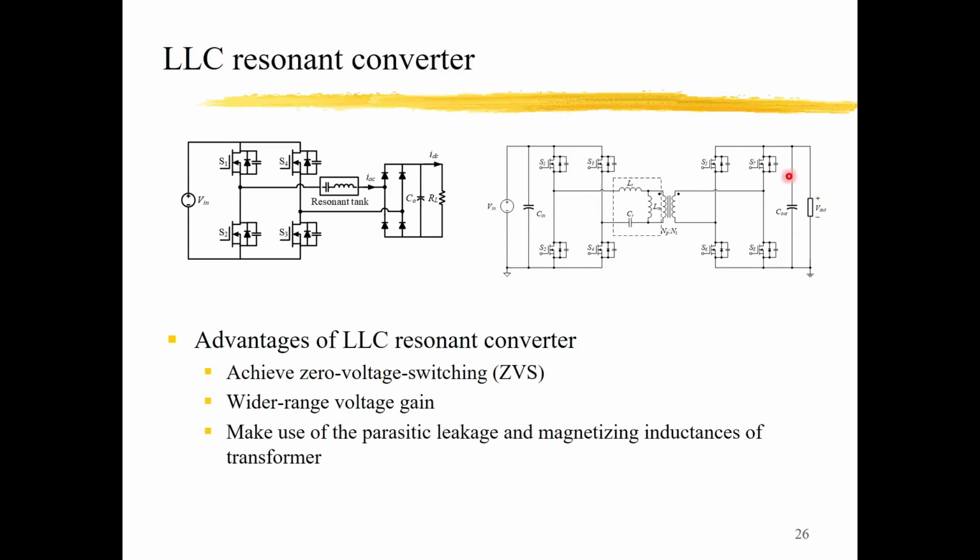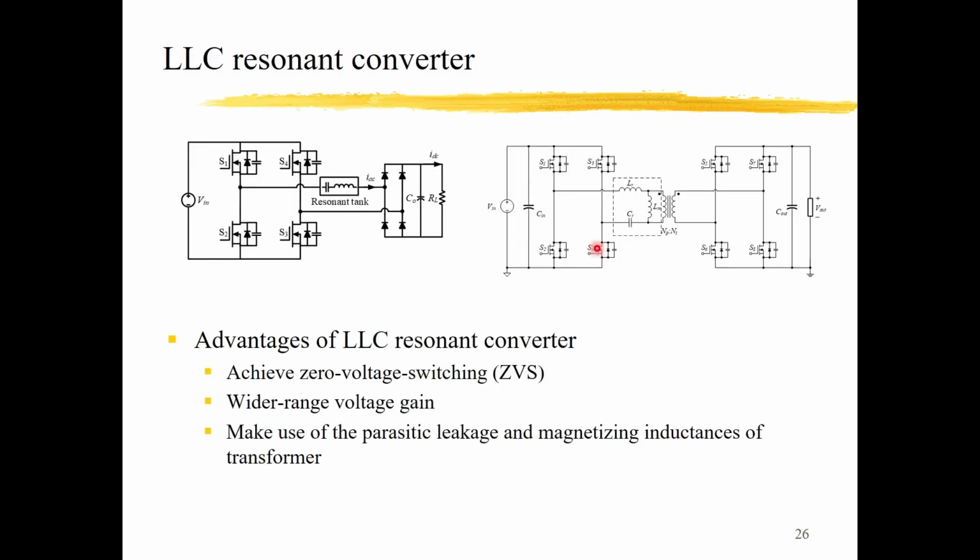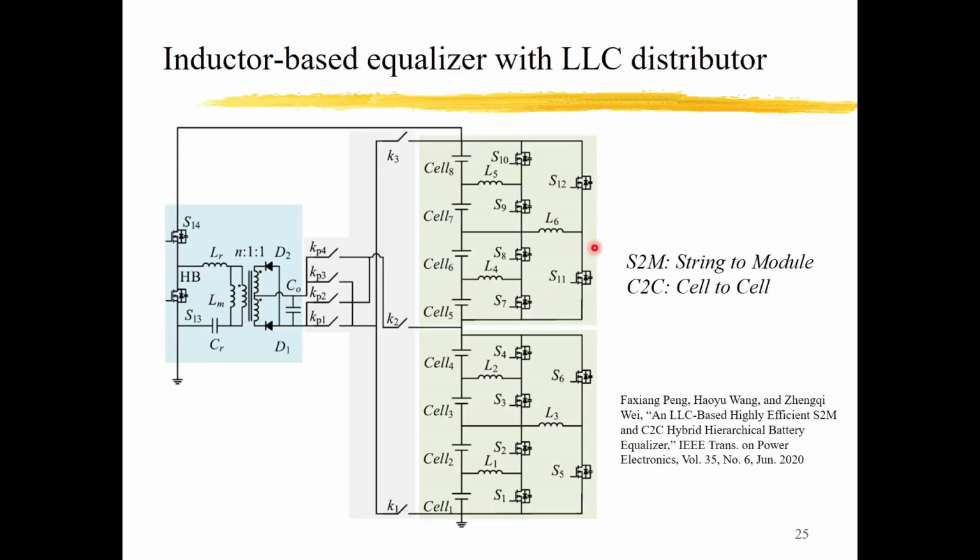Then the output goes to the rectifier, which transfers the AC signal back to DC again and feeds it to the output. Here it is not very similar because this is half bridge type and this is full bridge type. They are a little different, but the basic concept is the same.